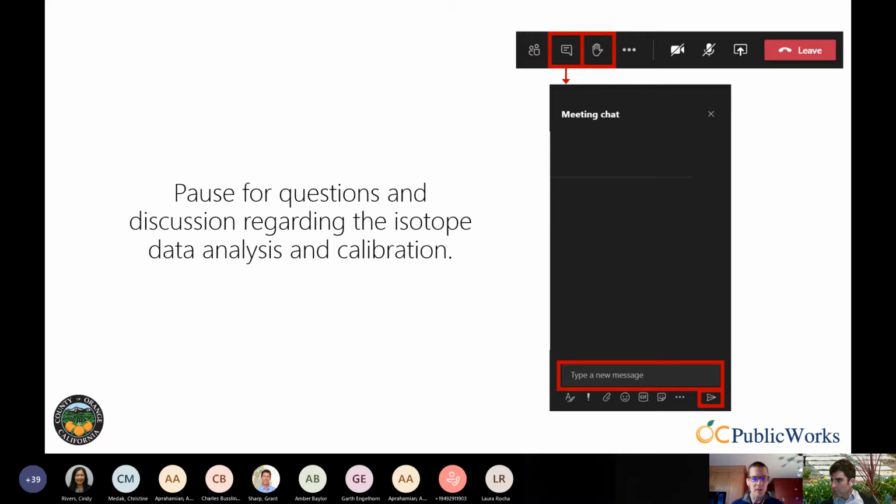I see, yes, we have a chat from Christine. Is the model still underestimating dry flow? Blue line below orange. If we go back, not significantly at LISO at STP.